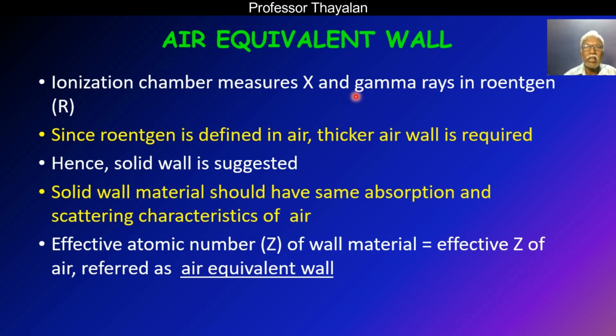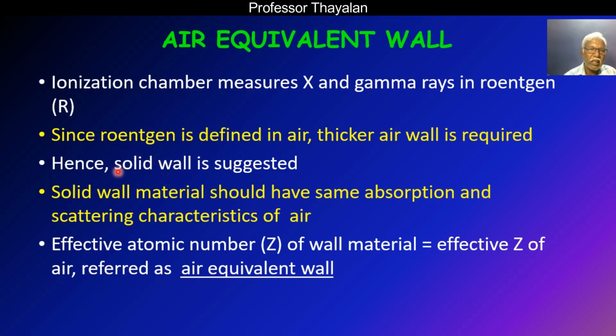Let us discuss the air equivalent wall. Ionization chambers are generally used to measure X and gamma rays in Röntgen. We all know that Röntgen is defined in air. Then what will happen? A thicker air wall is required. How to reduce the wall thickness? Instead of air, one can also use a solid wall.